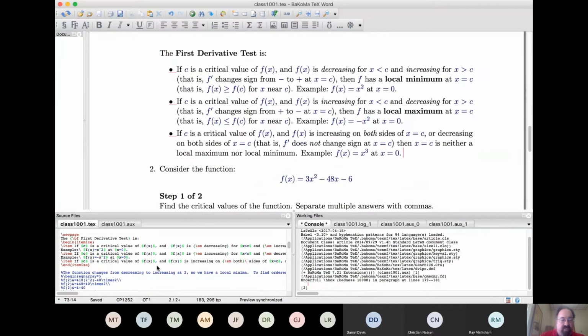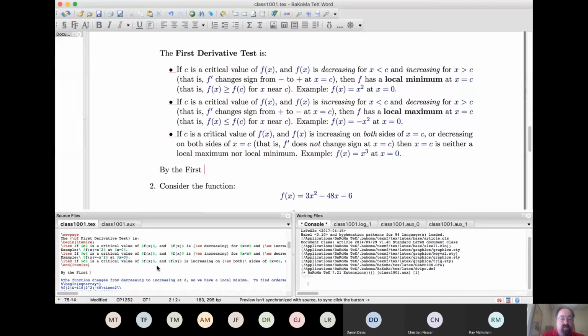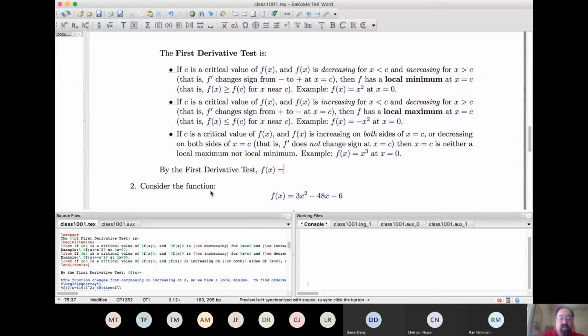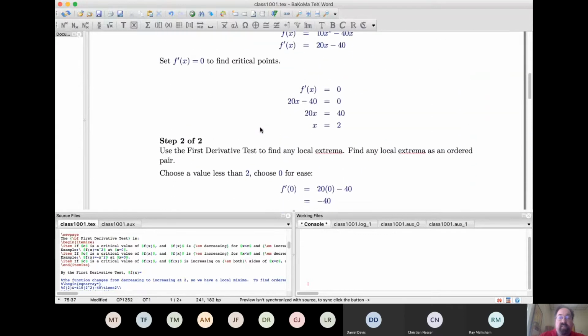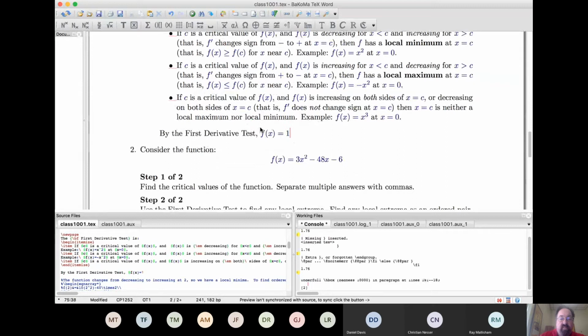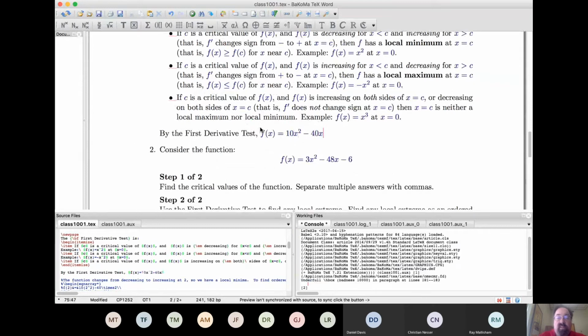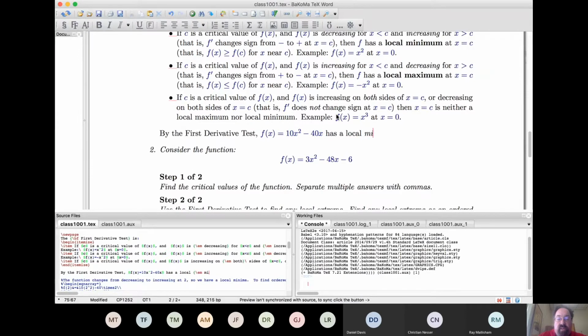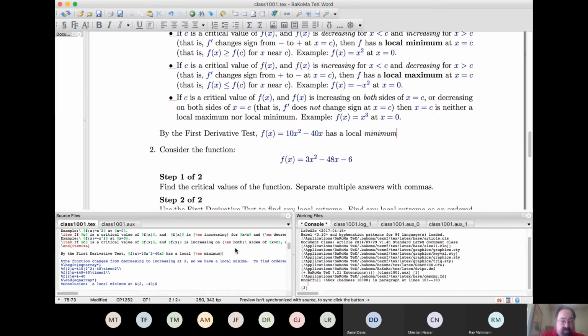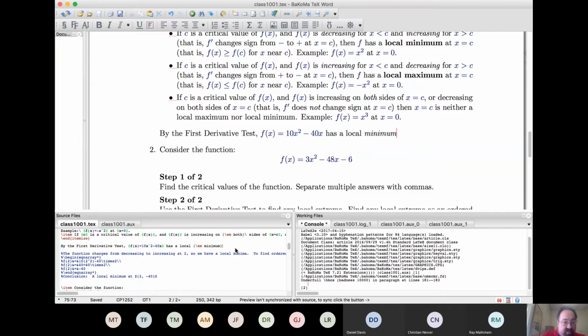So what we can conclude is it has a local minimum at x equals 2.